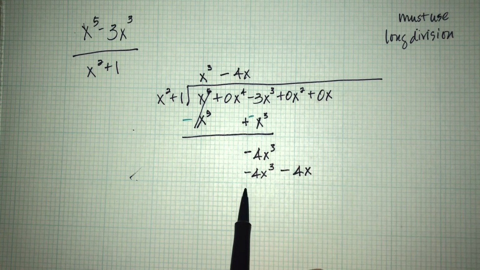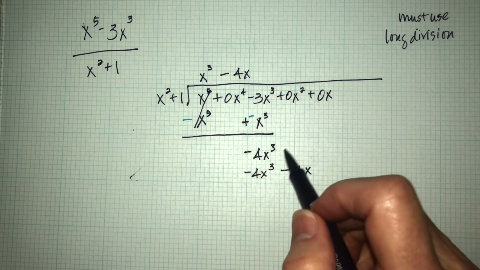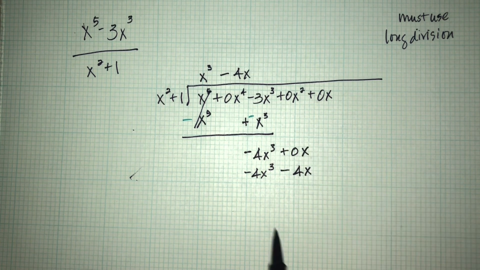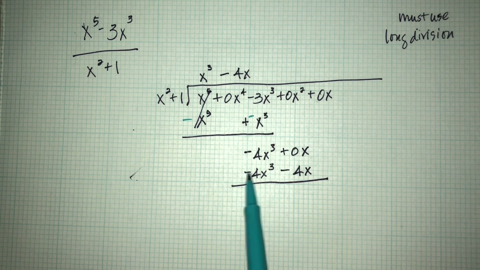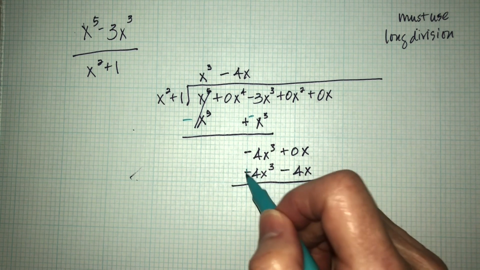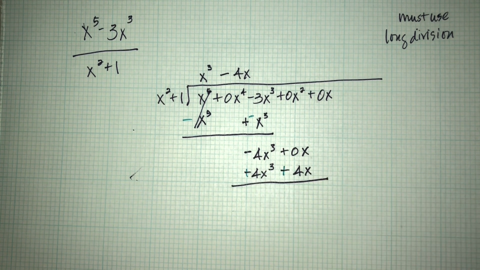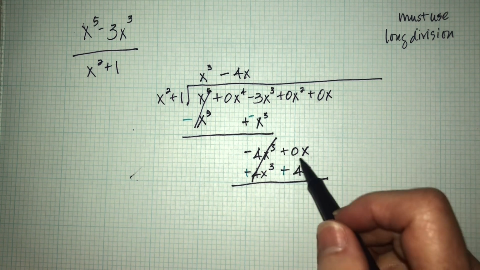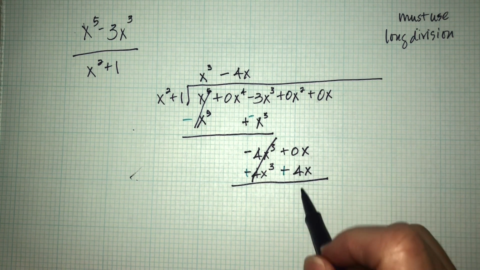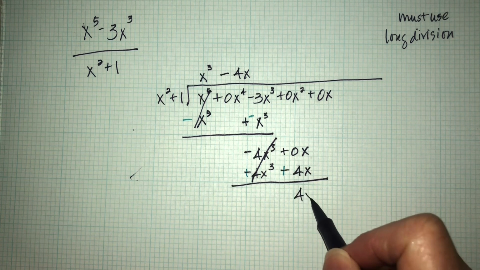Now, here I am going to bring down this 0x term because this is where this is helpful. I'm ready to subtract, so I'm going to change the signs and add. These cancel out, and then this 0x and a 4x give me a positive 4x.